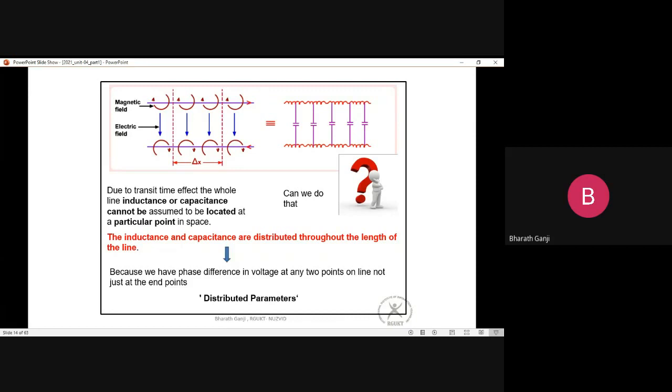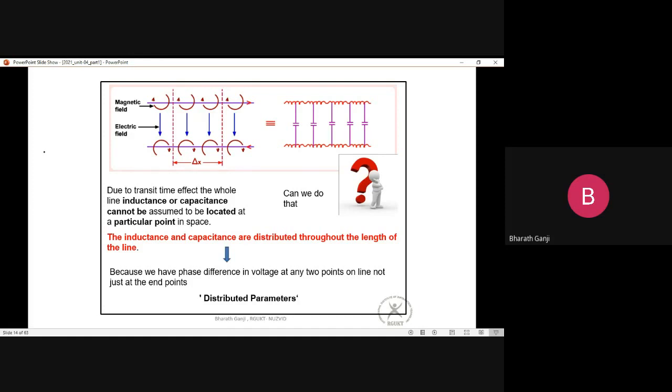So in order to include that, the best way to attack it using the same network theory is modeling this transit time using capacitors and inductors, because we know that when you use a capacitor or an inductor, we usually have a delay between the input and the output, right?